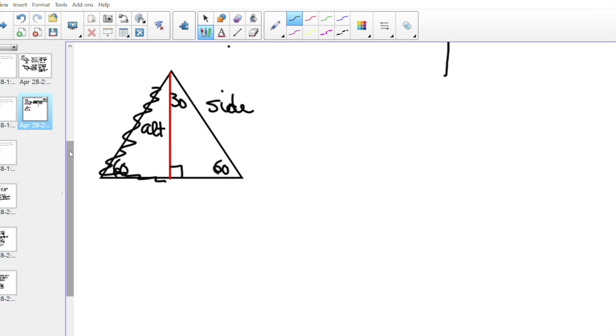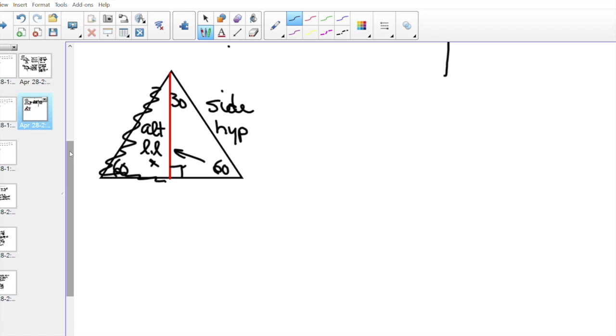And we're trying to find now in a 30, 60, 90, this side would be called the hypotenuse. He's the side opposite the right angle. This side over here, this the altitude, he's the longer leg. And the problem says to find the length of the altitude, which is the longer leg, if you are given the side.